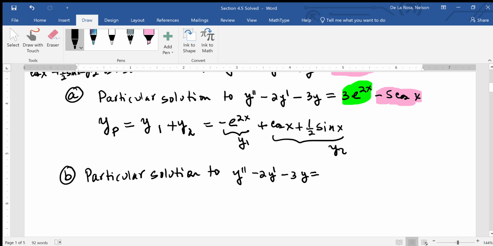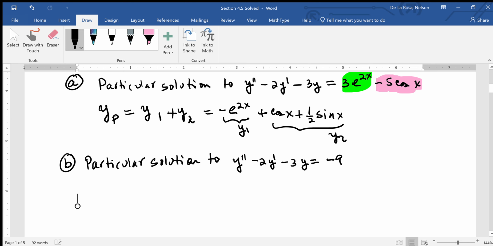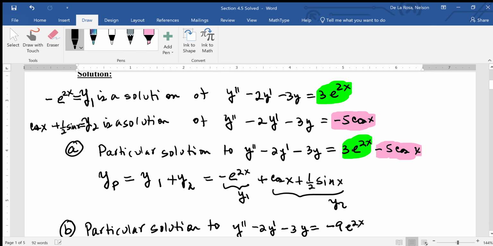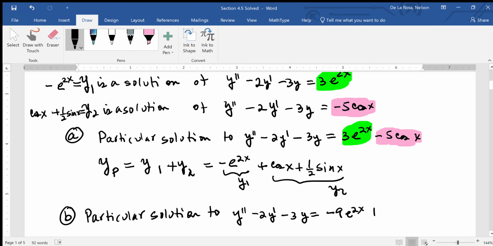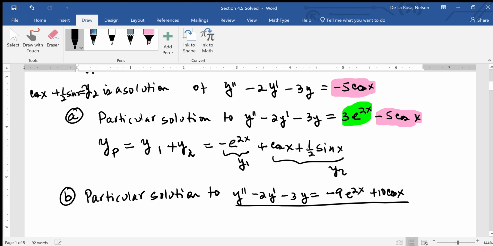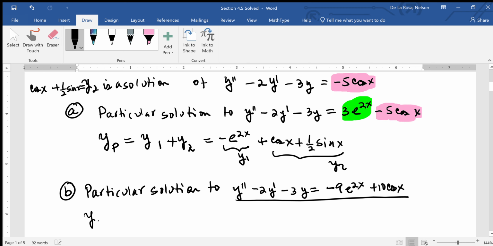e to 2x, negative 9 e to 2x, plus 10 cosine of x. So this is the equation we need to solve by finding a particular solution. Okay, so what is this equal to?